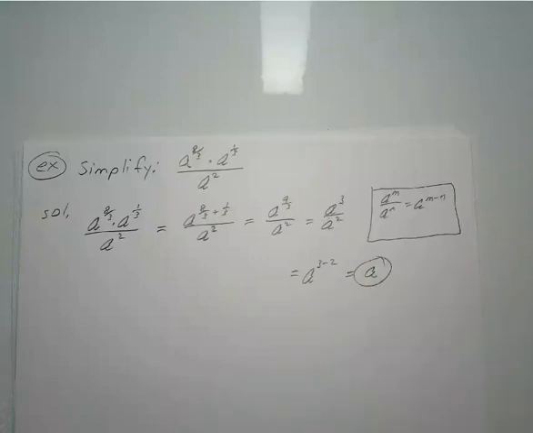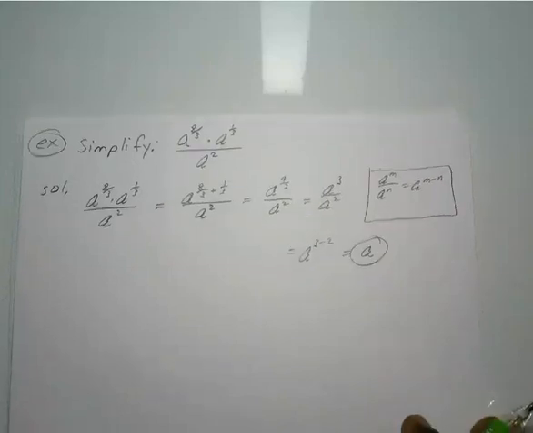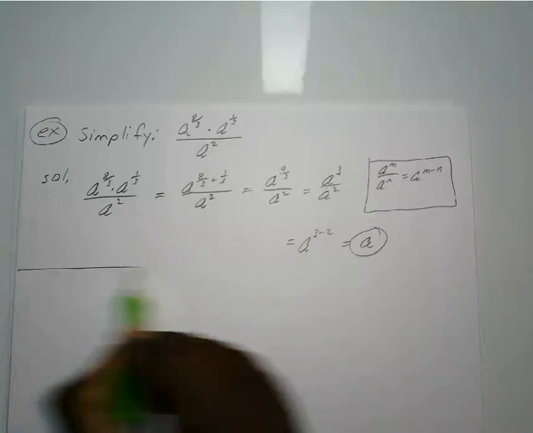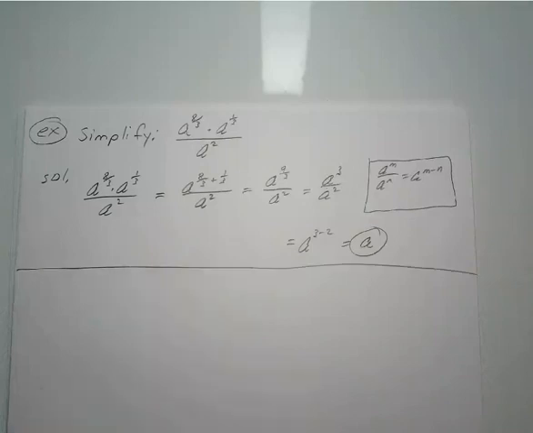Okay, so the type of problems you'll see can vary. It all depends on how well you understand your rules of exponents. If you know how to apply those very well, you can zoom through these with not a lot of difficulty after a little bit of practice.